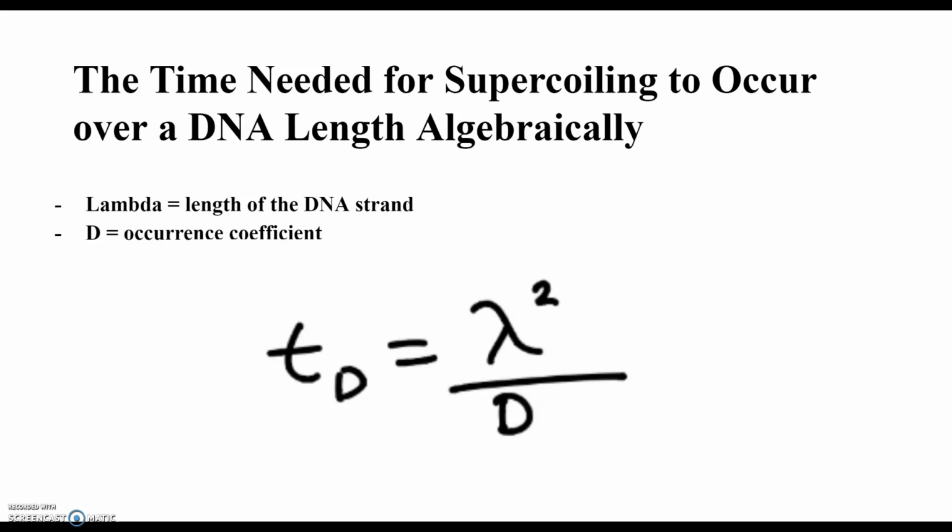T sub d equals lambda squared over d. Now d is the occurrence coefficient. We don't have to really worry about that. That's calculated by understanding the friction between each bond in the DNA. That's also another physics concept there. And in the numerator here we have the length of the DNA strand. So this is something that can help us understand how long it takes to supercoil by also understanding physics.